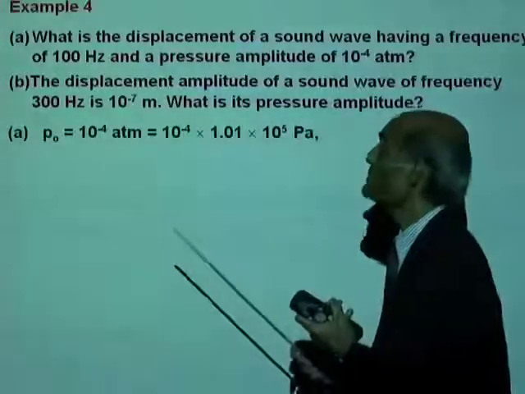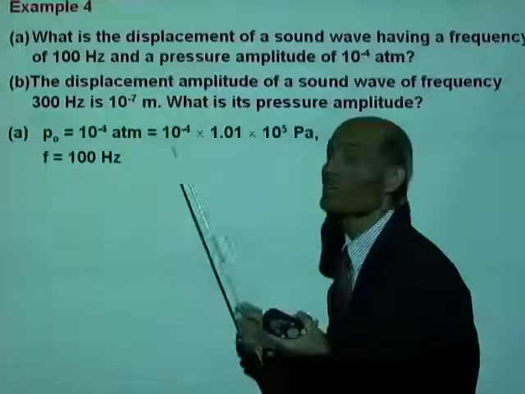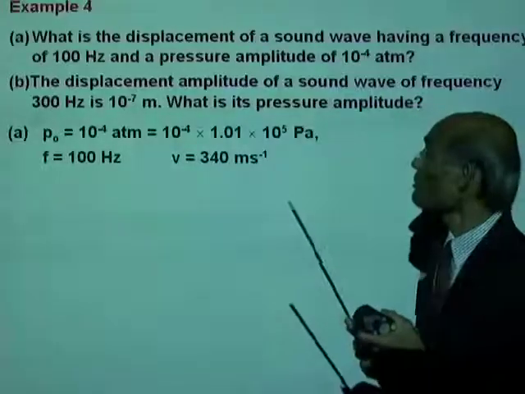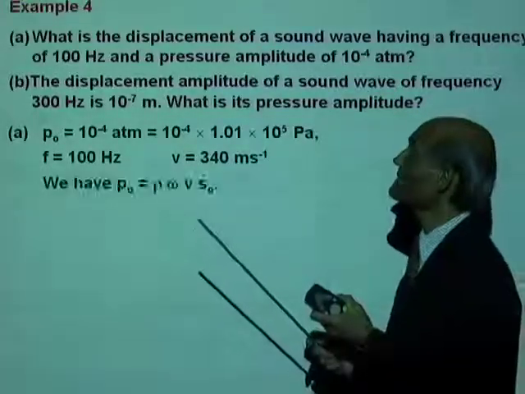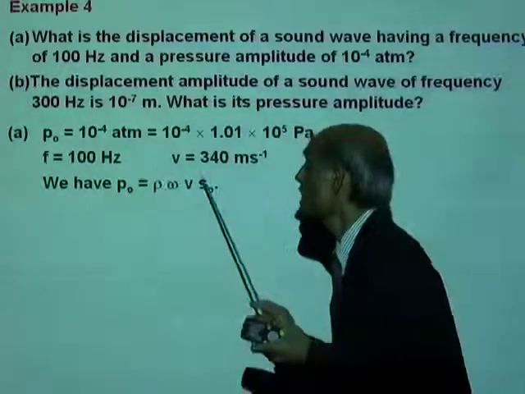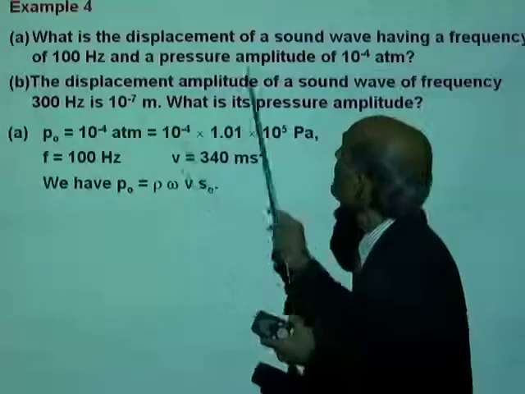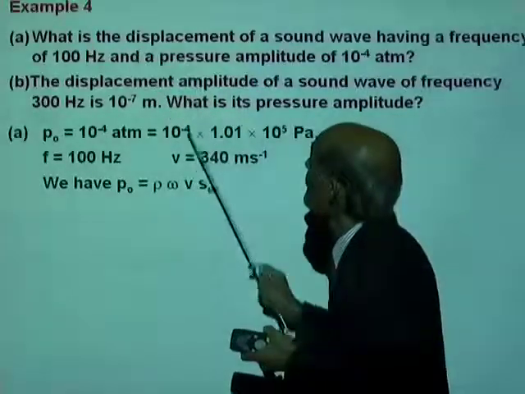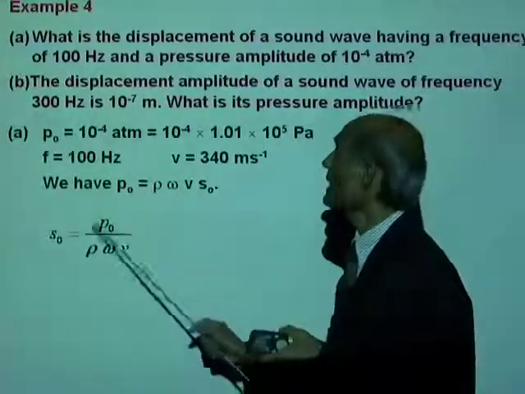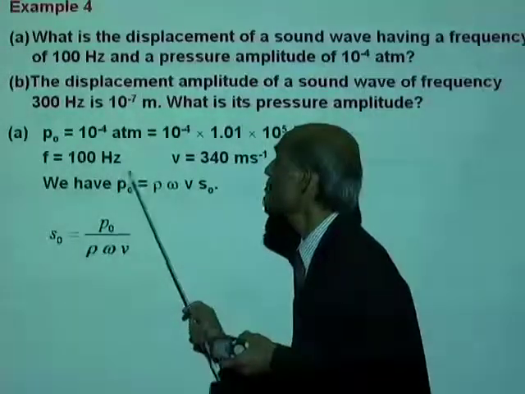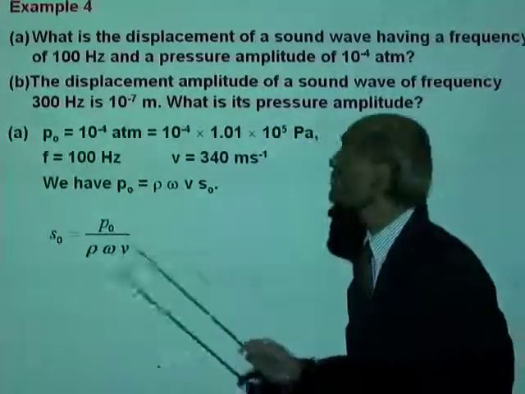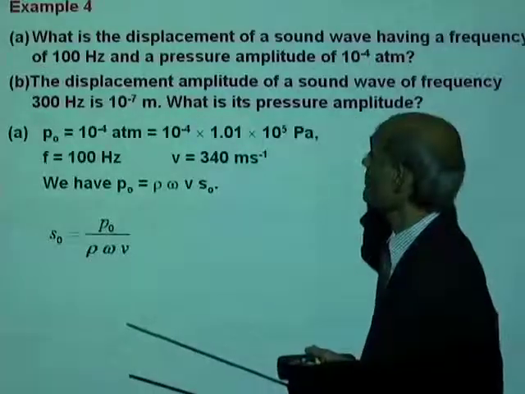So we have P0, we have the frequency 100 Hertz, we have the speed as 340 meter per second, and this is the relation between pressure amplitude and displacement amplitude. We need to find the displacement amplitude, so we need to solve for S0. S0 is P0 divided by rho omega V, and we know all those values, don't we?